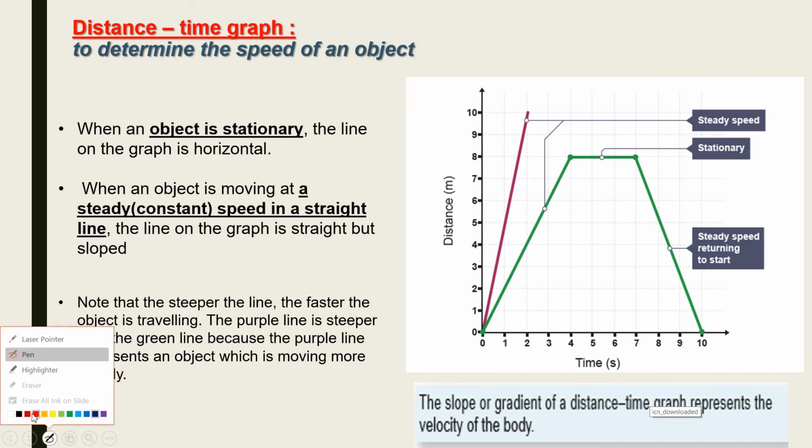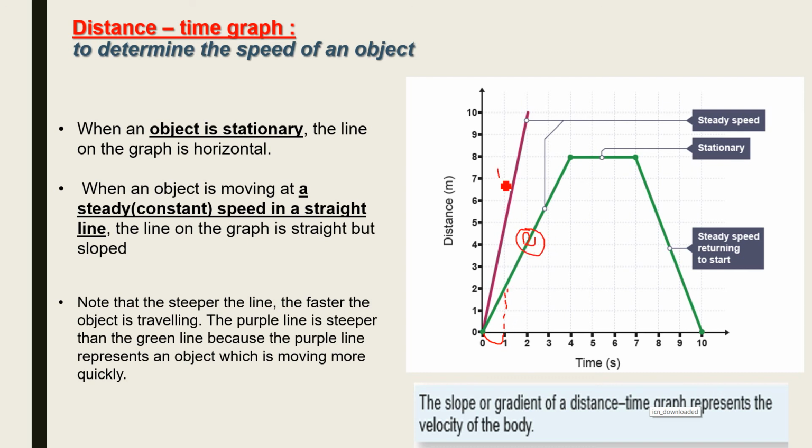During the first second, car 2 moves 2 meters, but car 1 covers, look, this point that intersects with my dashed line, 5 meters. So car 1 is covering more distance in the same time as car 2. Okay, so car 1 is faster.